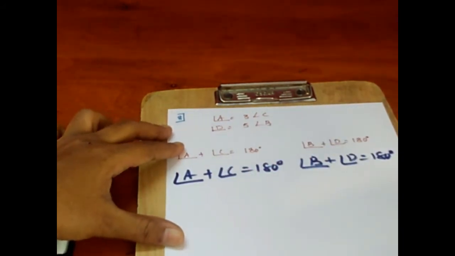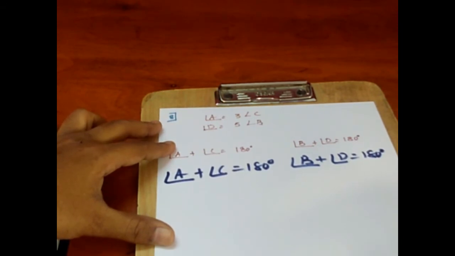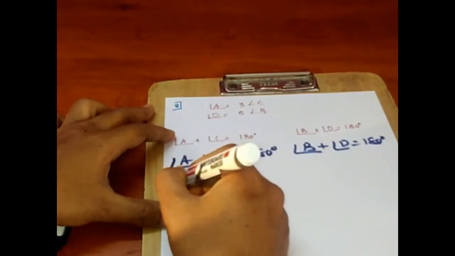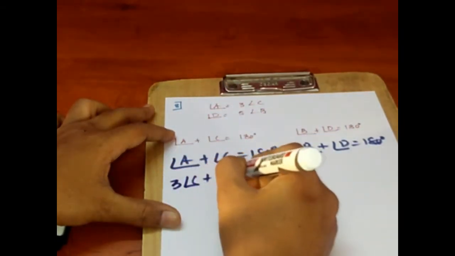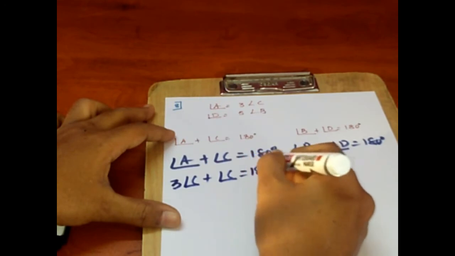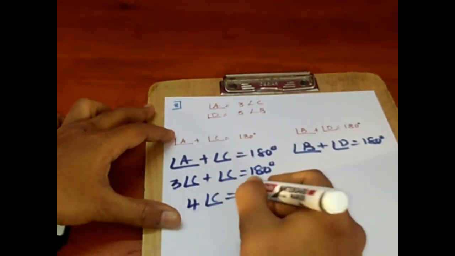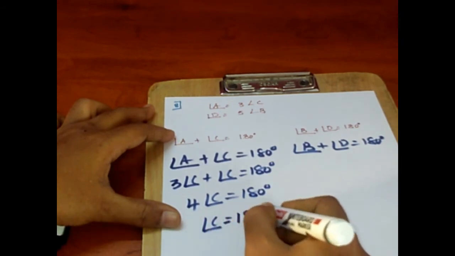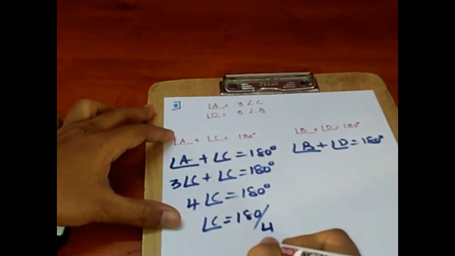For both results, we can write the same reason, that opposite angles of a cyclic quadrilateral are supplementary. Note down the reason, children. In the place of angle A, I can substitute 3 times angle C plus angle C is 180 degrees. 4 times angle C is equal to 180 degrees. Hence the measure of angle C is 180 by 4, which is equal to 45 degrees.